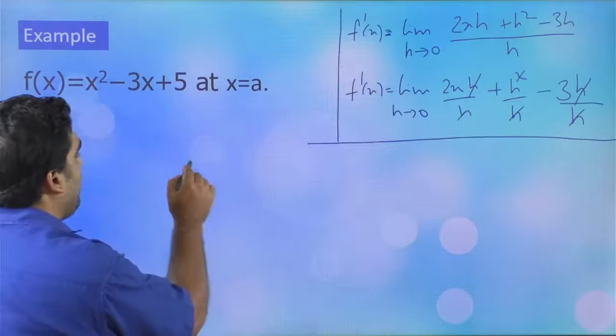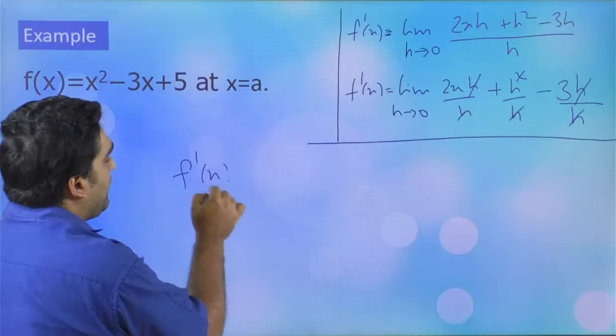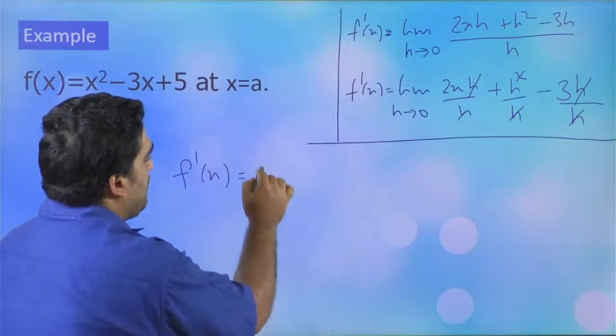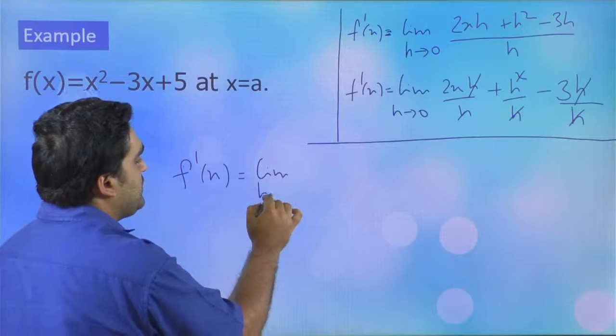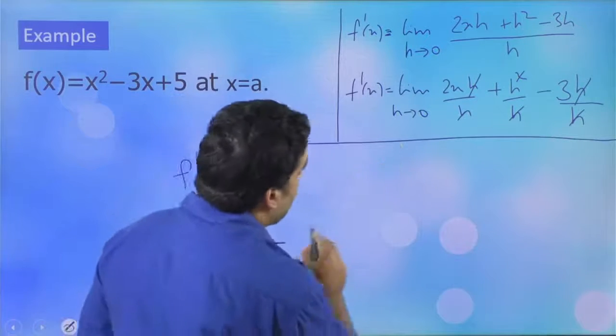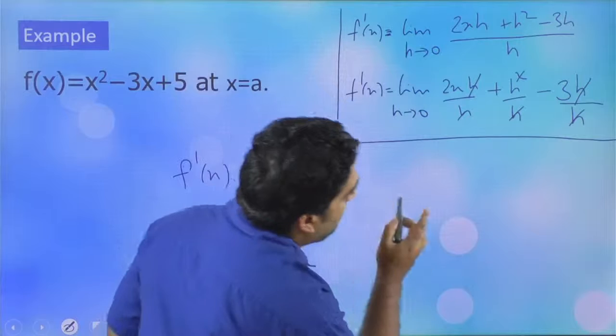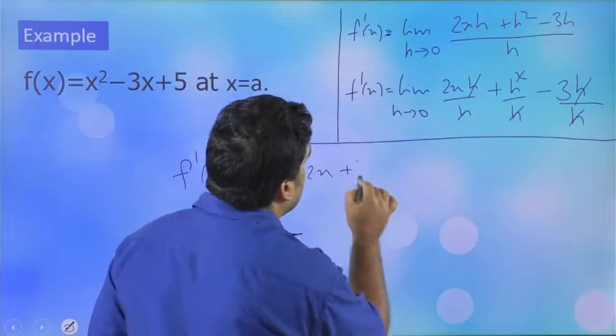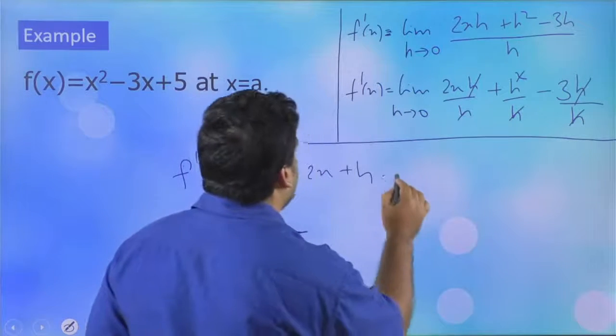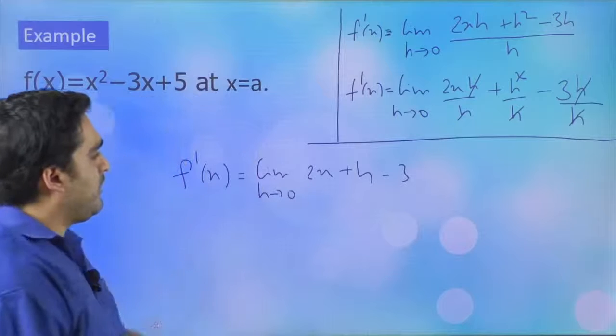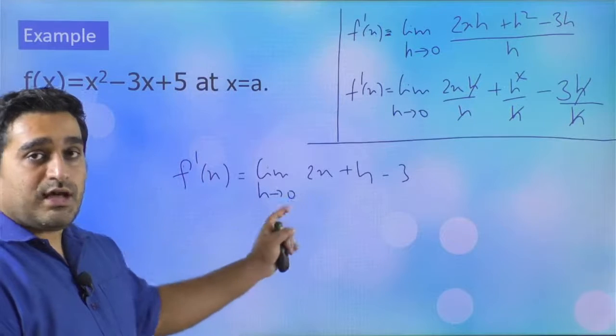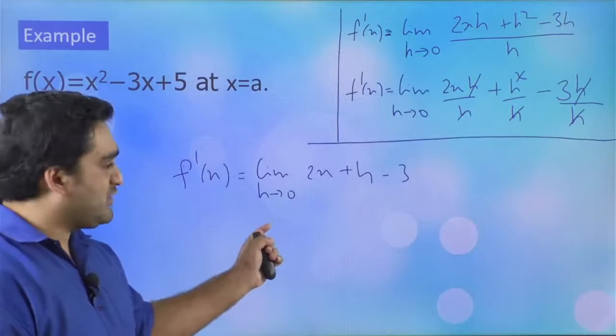Now you write f prime of x, which is equal to the limit as h tends to 0 of 2x plus h minus 3. Now that you have this equation, apply the limit where h tends to 0.